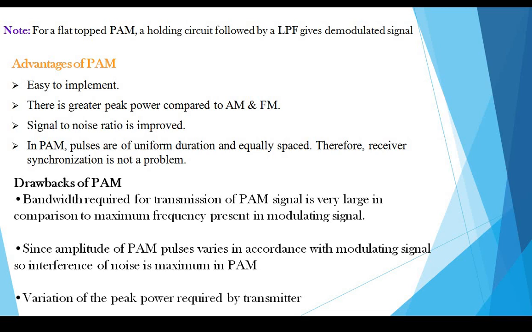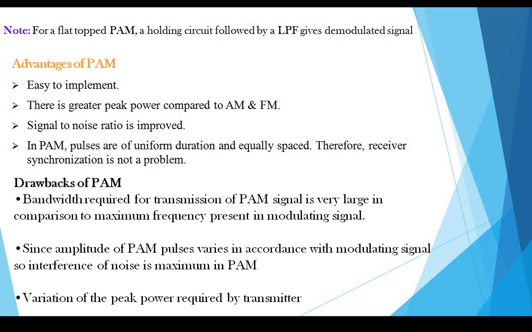But the drawbacks are that the bandwidth required for the transmission of the pulse amplitude signal is very large in comparison to the maximum frequency present in your modulating signal. For example, if the message signal requires 2 Hz of frequency, the bandwidth required for the pulse amplitude wave will be 4. So it requires larger bandwidth. That is one drawback.